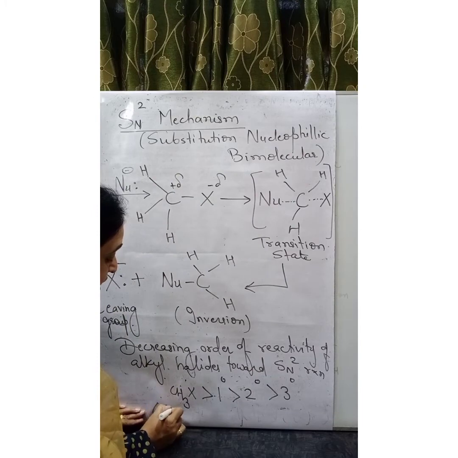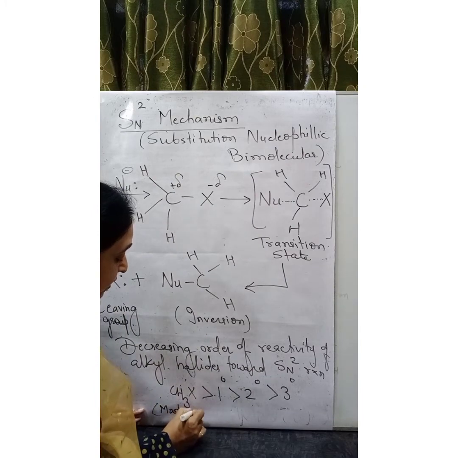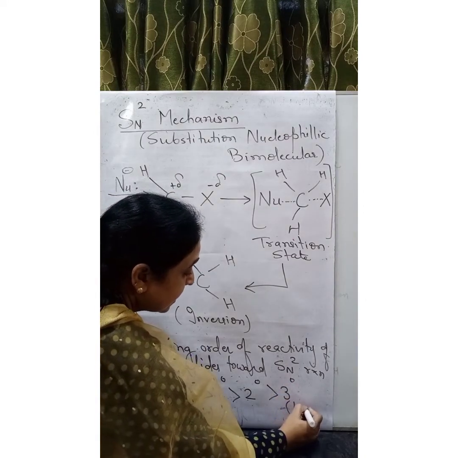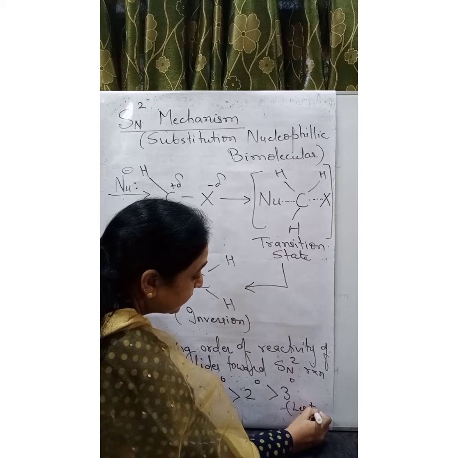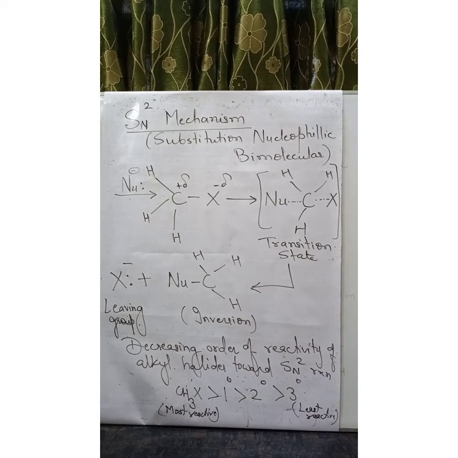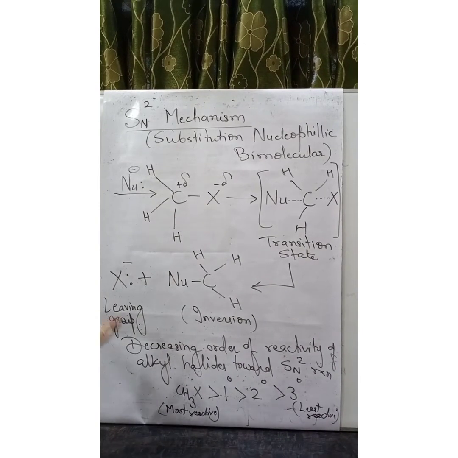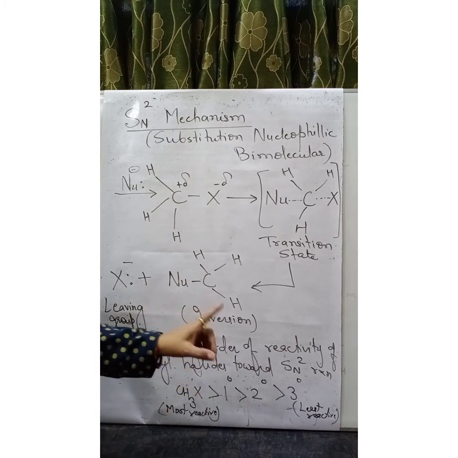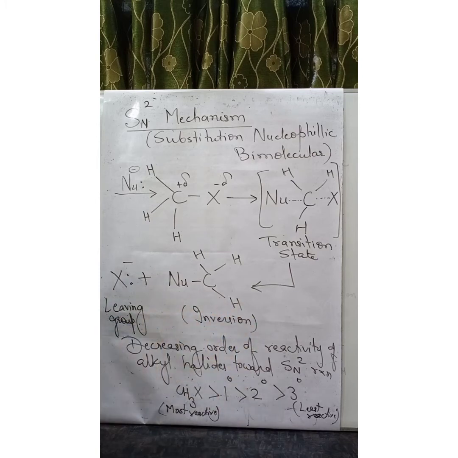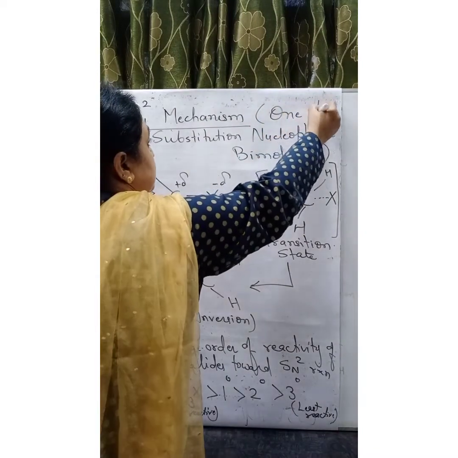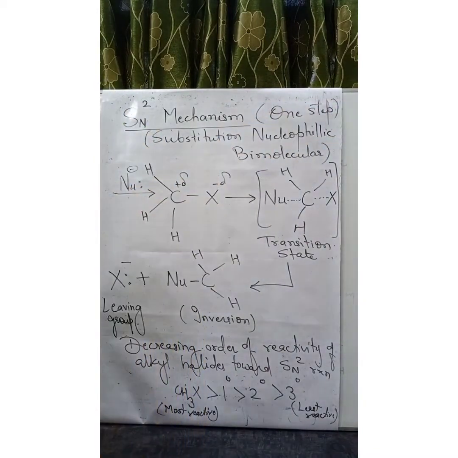That means CH3X is most reactive and 3 degree is least reactive. We can say that as the size of R increases, steric effect increases, which inhibits the attack of the nucleophile on the carbon atom. And we have to remember that this takes place in a single step.